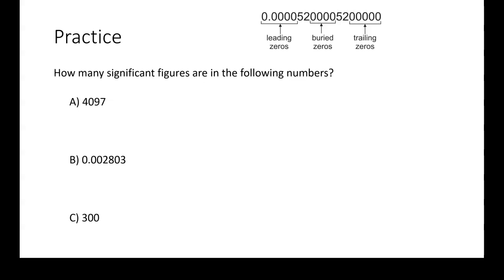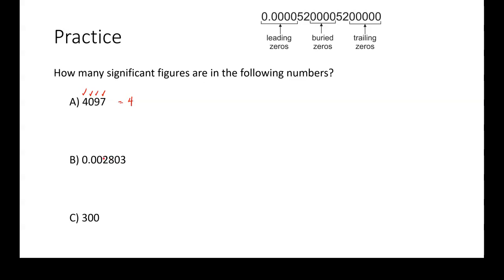But as a reminder, we've got our leading zeros here, we've got our buried zeros here, and our trailing zeros here. And so if we look here, we see that these are non-zeros. And then the zero here is in between 2 significant digits, so that's 4.